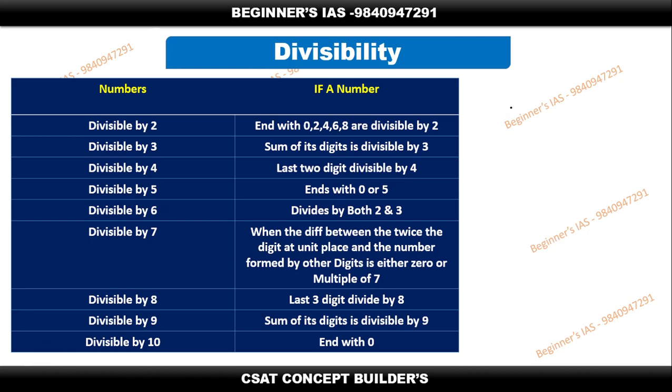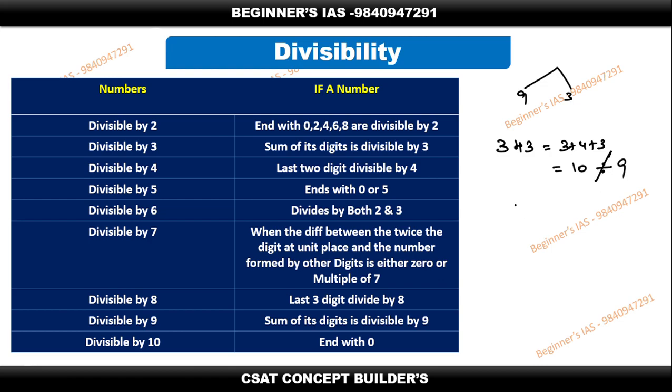Divisibility by 9 is the same as divisibility by 3, so you can remember easily. For example, I am just taking 343. Whether it is divisible by 9 or not, just add everything: 3 plus 4 plus 3, which is nothing but 10. So it is not divisible by 9.